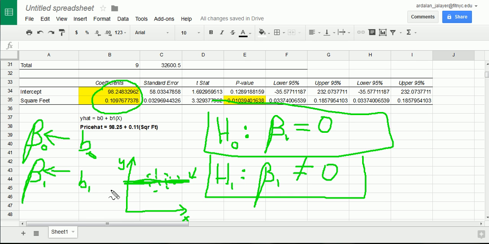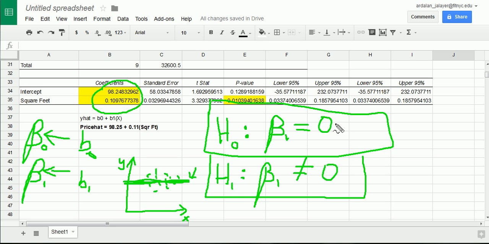Okay? Now, we're applying this question to our data in this real estate example. The alternative hypothesis says that the true slope is not equal to 0. So not equal to 0 means that there is some meaningful or significant linear relationship between x and y. If we apply it to this question, we're saying that there is some meaningful linear relationship between the square footage of a house and the price it sells for.